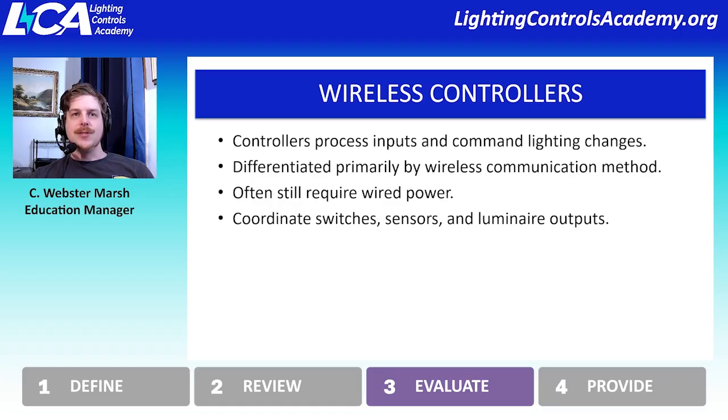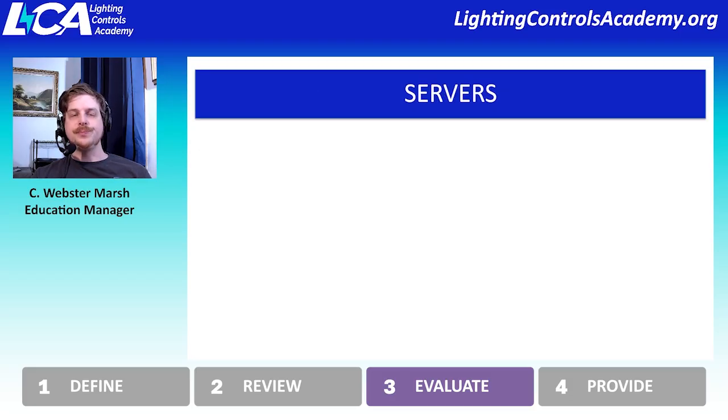And oftentimes you need these controllers to be within range of all of these devices, especially in a mesh system. But if you have a hub and spoke or gateway system, you might be able to get the controllers a little bit further away from these devices. It really depends on the architecture and the design of the system.